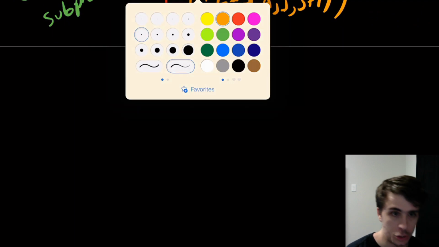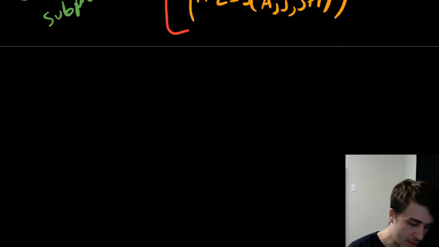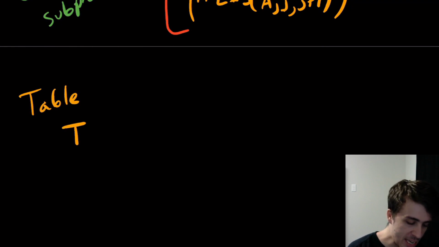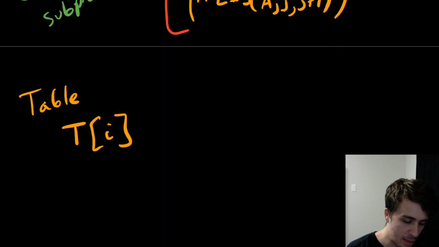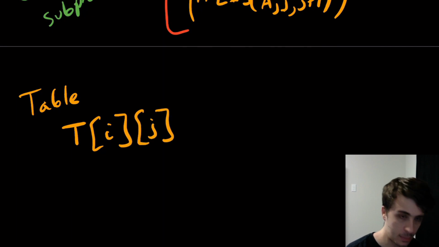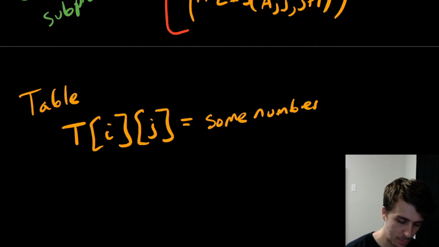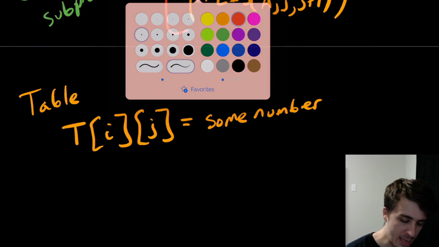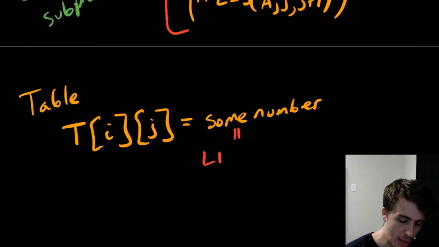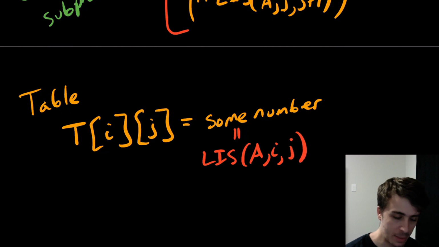So we're going to have a table, I'm going to call it T of i of j, which is going to be equal to LIS A i j, the parameter that we just defined before, the longest increasing subsequence from i to j.